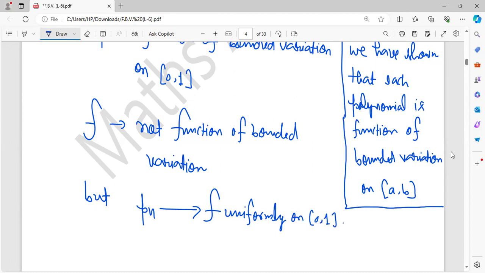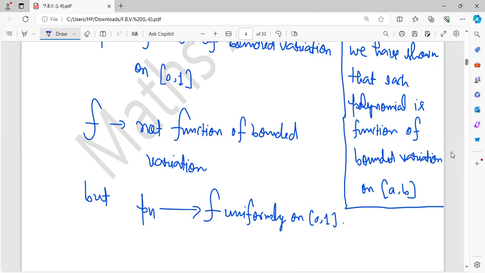So we have an example of functions of bounded variation, that is Pn, such that Pn converges to F uniformly, but F is not a function of bounded variation. So this comes by the Weierstrass approximation theorem.